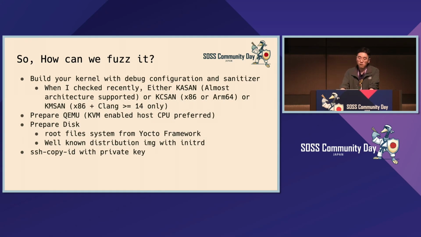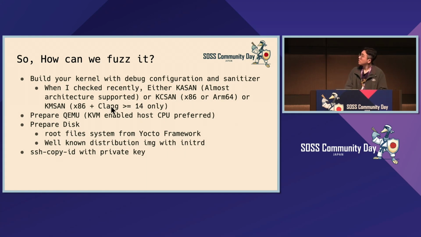So how can we fuzz it? These are the architectures I've worked with, but there are still many architectures I haven't explored yet. So I checked which sanitizer options can be enabled in this architecture.